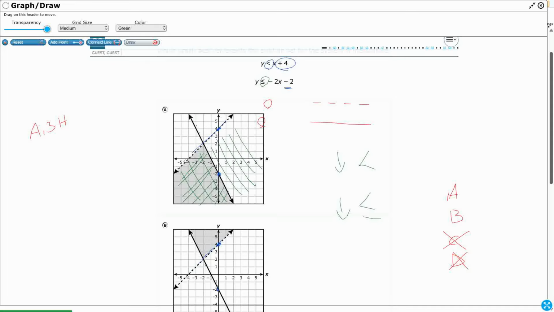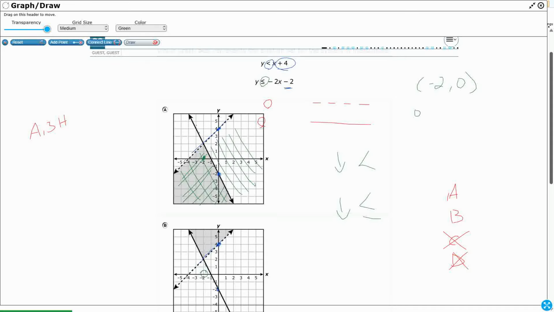All right, so let's pick a point and let's make sure it should be in the solution set. And so let's pick this right there. All right, so -2, 0. We're going to plug this in. It needs to now work for both of our inequalities because we think it's inside the solution set. Okay, so I'm going to plug it into the first one.